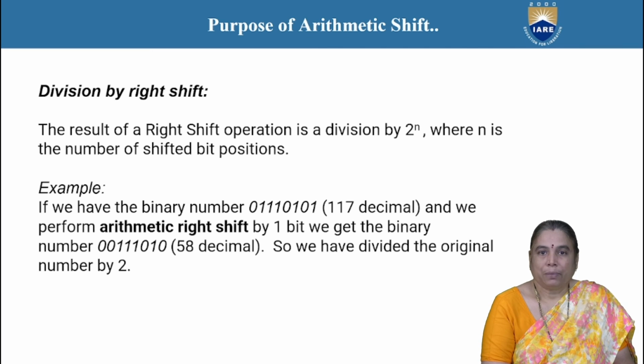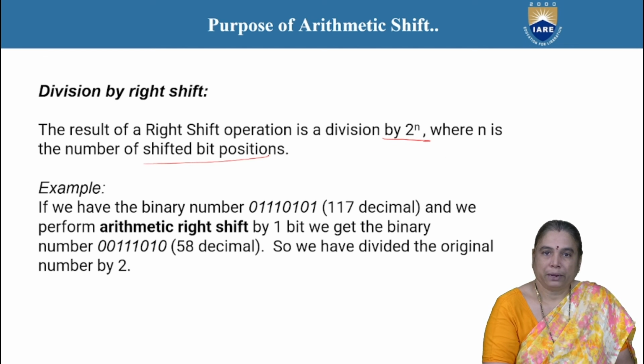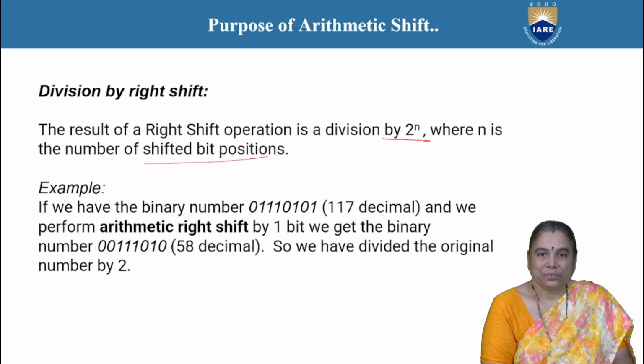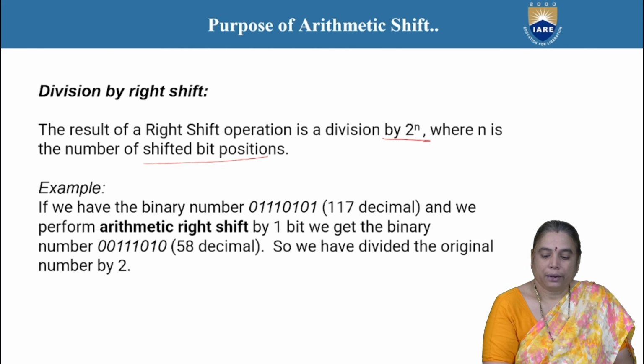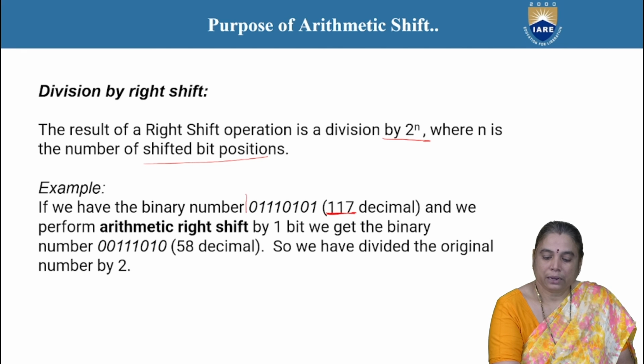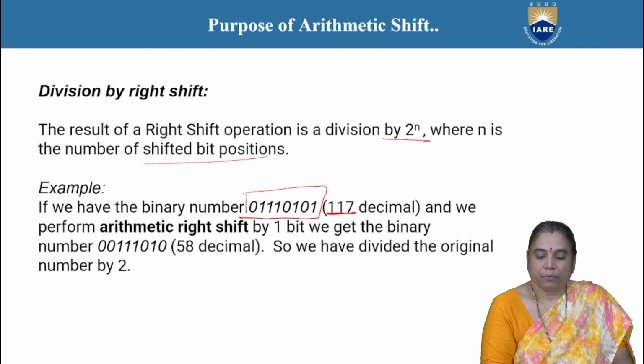Next, division by right shift. Arithmetic right shift is used for division by 2 power n, where n is the number of shifted bit positions. So consider an example: the decimal number 117 is represented with the binary value 01110101, which is equivalent to the decimal value 117.